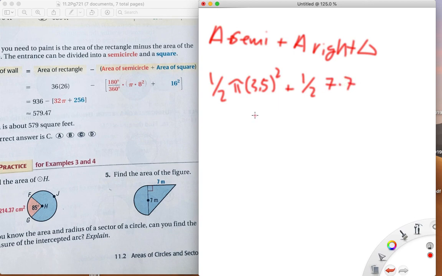So 3.5 squared times pi divided by 2. I get about 19.242. So 49 divided by 2 is 24.5.